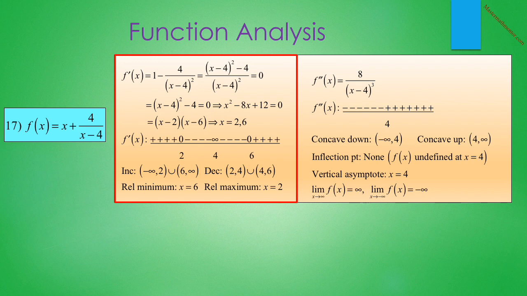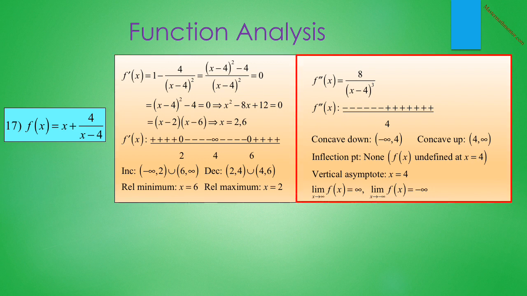So we conclude that our function is increasing from negative infinity to 2 and 6 to infinity. It is decreasing from 2 to 4 and also 4 to 6, meaning that there's a relative minimum at x equals 6 and a relative maximum at x equals 2.